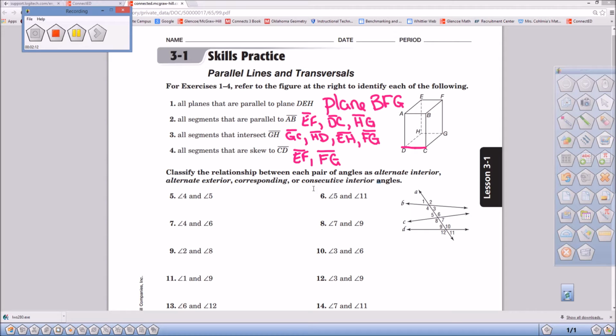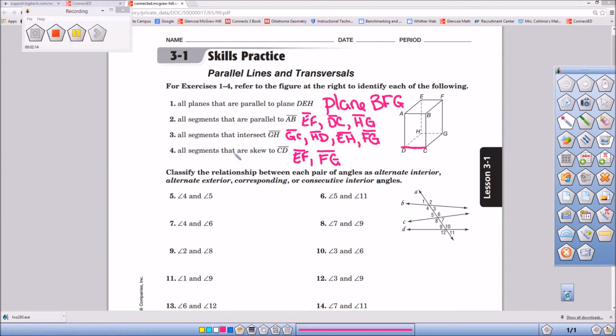Okay, so now we're going to classify these. Angle 4 and angle 5 are going to be consecutive interior. Angle 5 and 11 are going to be alternate exterior. Angle 4 and 6 are alternate interior.